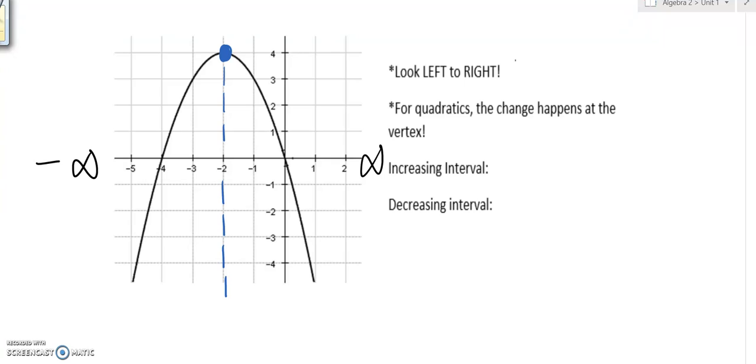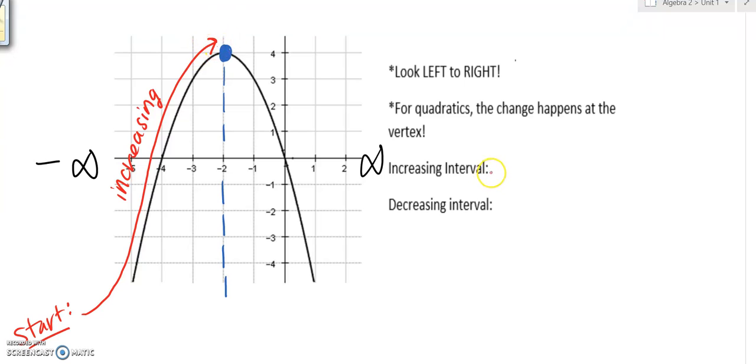Let's start talking about finding increasing and decreasing intervals. A nice easy way to do this is to always remember to start over here on the left. I'm going to pretend like I'm riding a roller coaster. I hop on the roller coaster and I follow my graph, and all of a sudden I am increasing. Imagine you're riding up, up, up until a certain point. That's your increasing piece.